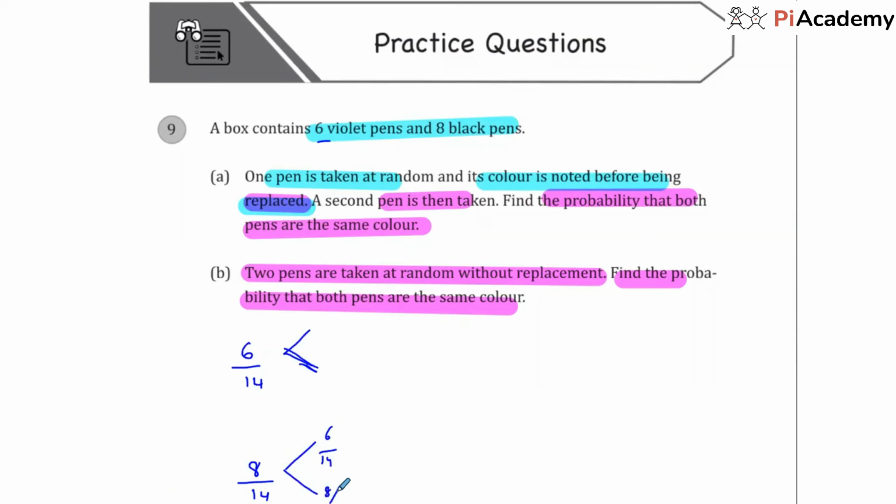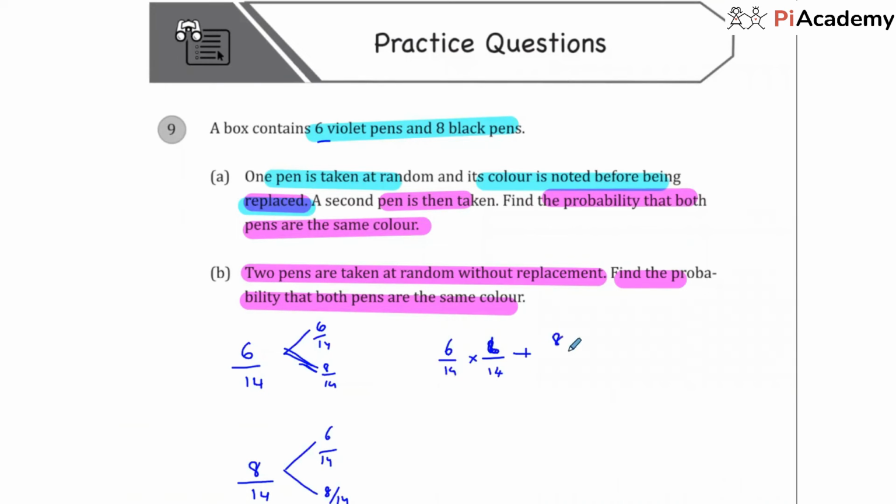And then, you know they're asking us for the same color. So you look at violet, and then you look at black. You wouldn't want to look at violet-black or black-violet because it's asking us the probability that both the pens are the same color. So you'd multiply the first probability 6 out of 14 times 6 out of 14, not 8 out of 14, because it's the same color.